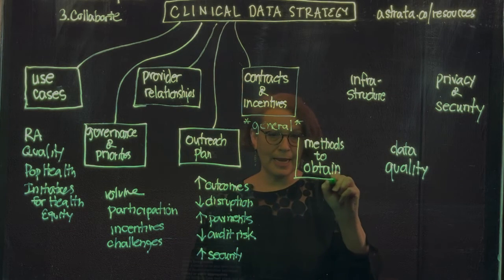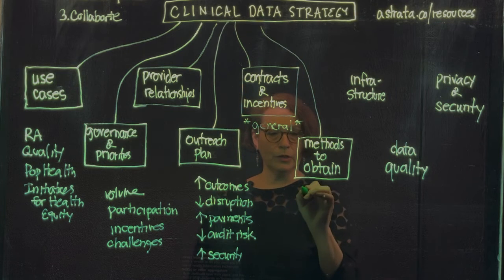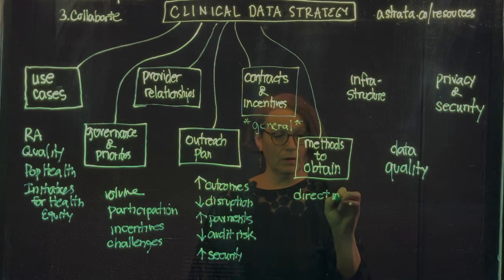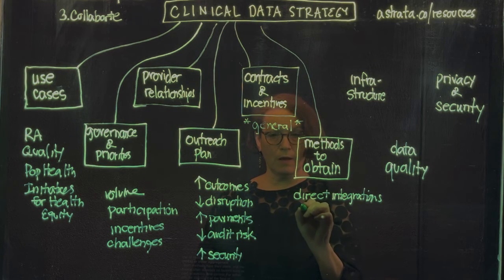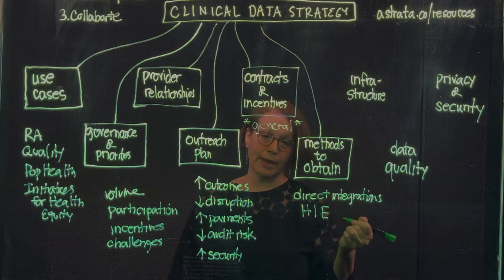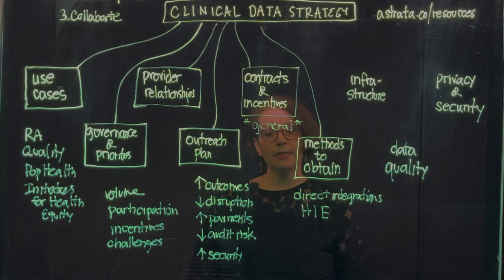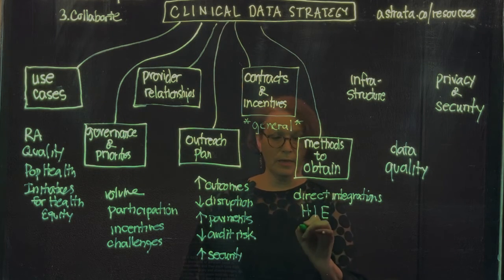Methods to obtain clinical data include direct integrations with a vendor or on your own, and the use of health information exchanges, HIEs, or other aggregators. Both methods have their place, and the choice often depends on factors such as cost, scalability, and control. For either one, be cognizant of the type of integration provided.